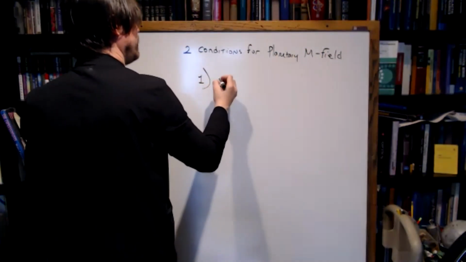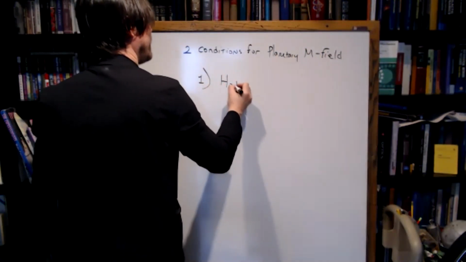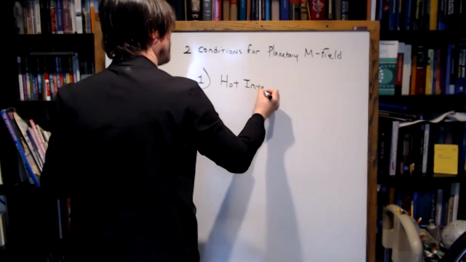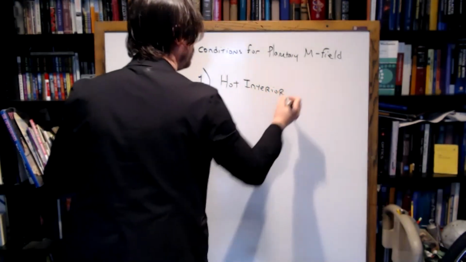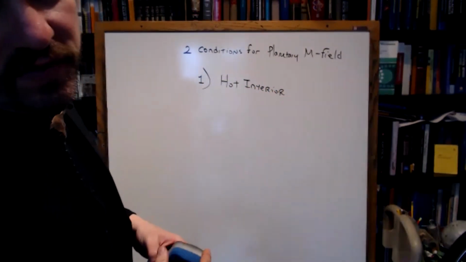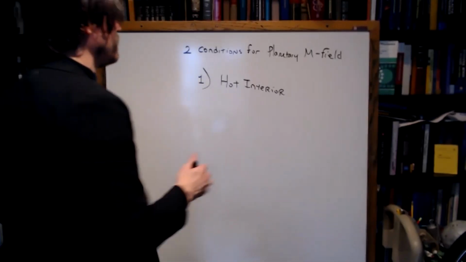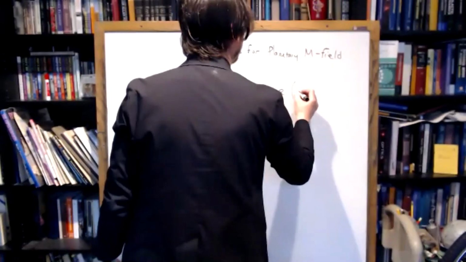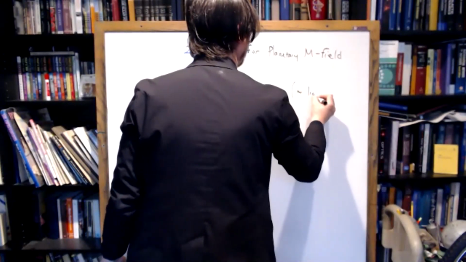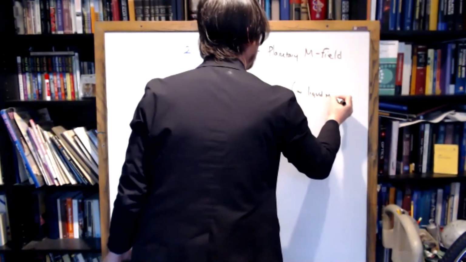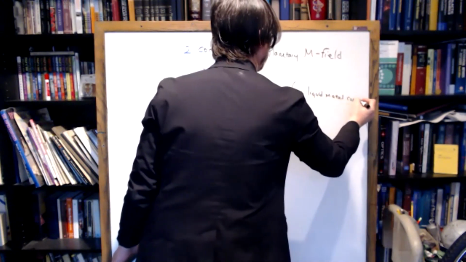The first is a hot interior. We're assuming the cores of all the terrestrial planets are iron and nickel. Hot interior, preferably with a liquid metal core.